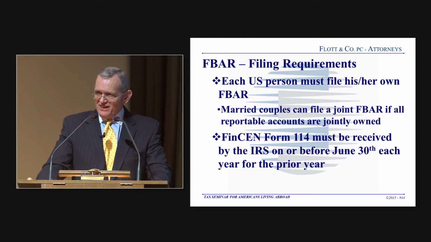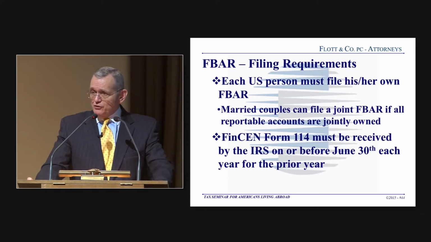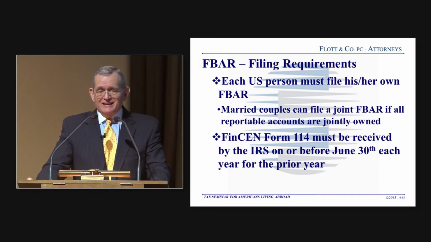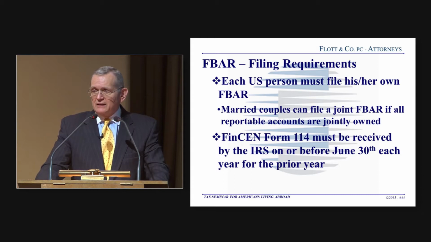And there are no extensions. So it's very important, if you're going to do this on your own, to make sure that you have filed your FBAR electronically by the 30th of June. Filing it on the 1st of July, it's late.